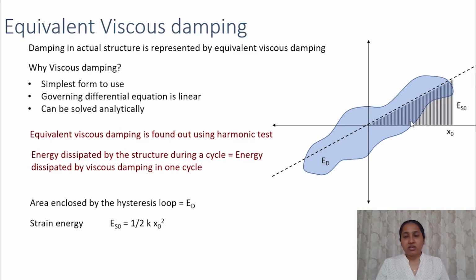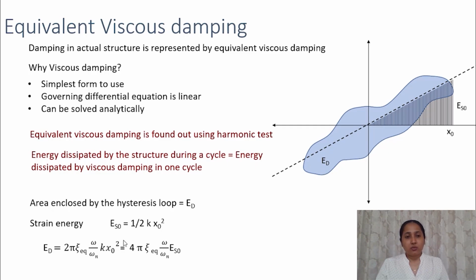And the strain energy of that system will be equal to half k x naught square. k is the stiffness of the spring and x naught is the amplitude. The shaded portion indicates the strain energy, and the area inside this curve indicates the energy dissipated.